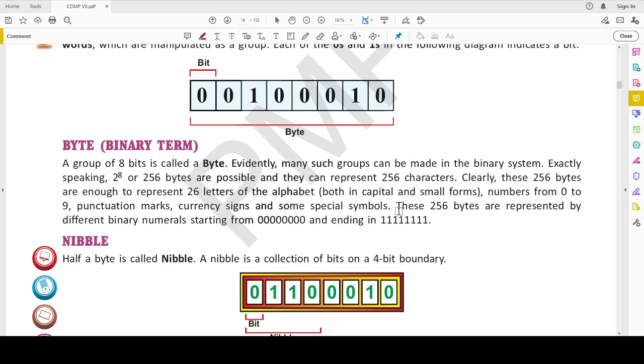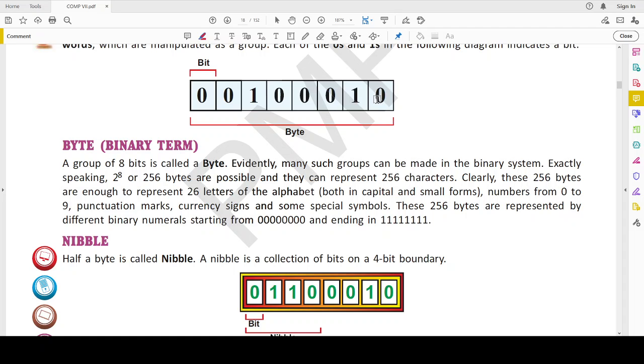These 256 bytes are represented by different binary numerals starting from 0, 0, 0, 0, 0, 0, 0, 0, and ending with 1, 1, 1, 1, 1, 1, 1, 1. So how is this 256? It is 2 to the power 8.